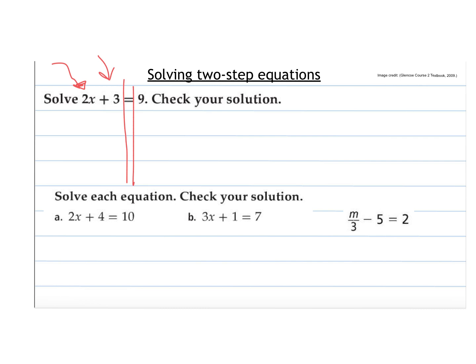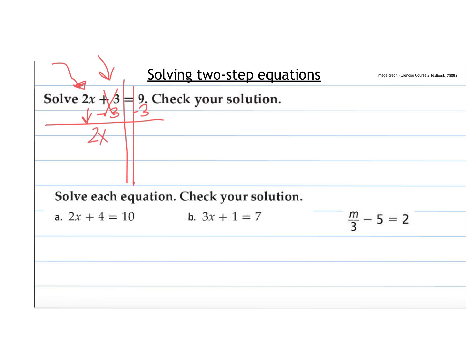It's the least attached. Because we're adding 3 to the x, we're going to undo it and do the opposite, which is subtracting 3. We're going to do that on both sides, because remember, whatever we do to one side, we have to do to the other. Then I'm going to draw my line. 3 minus 3 is 0, so that leaves me with 2x.